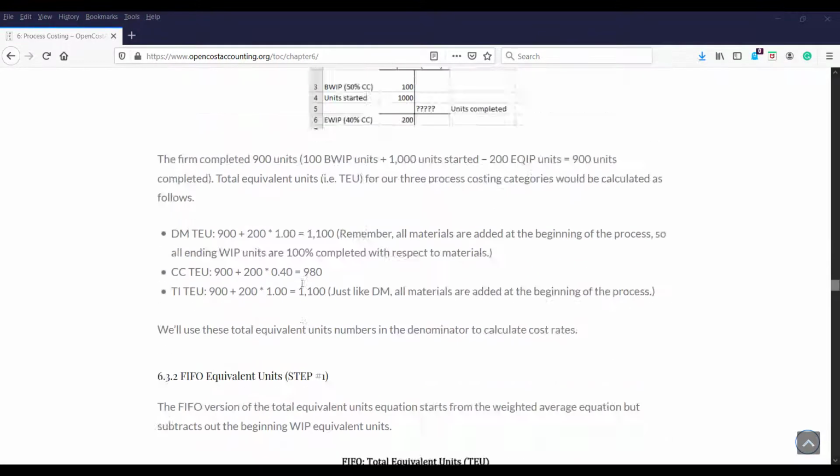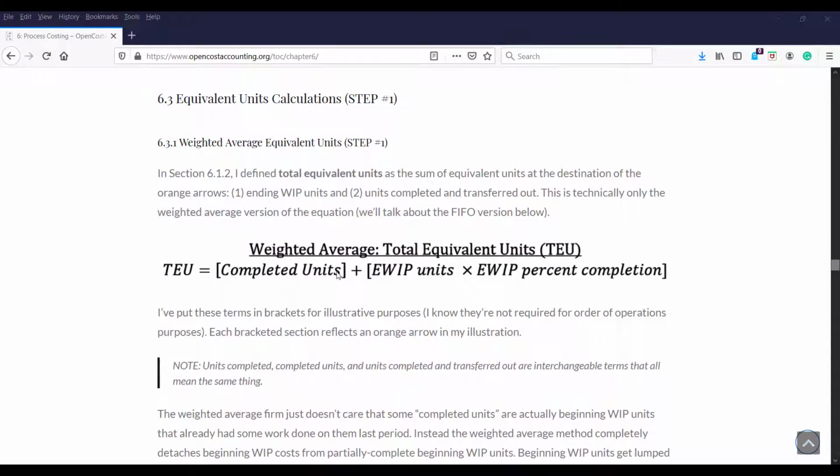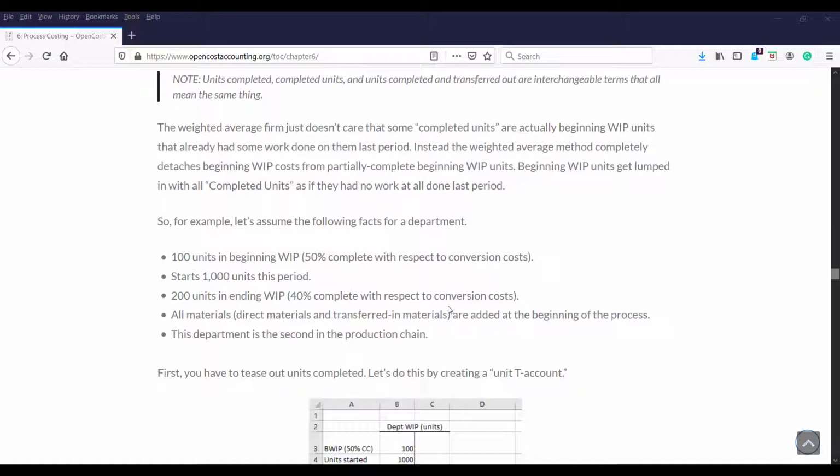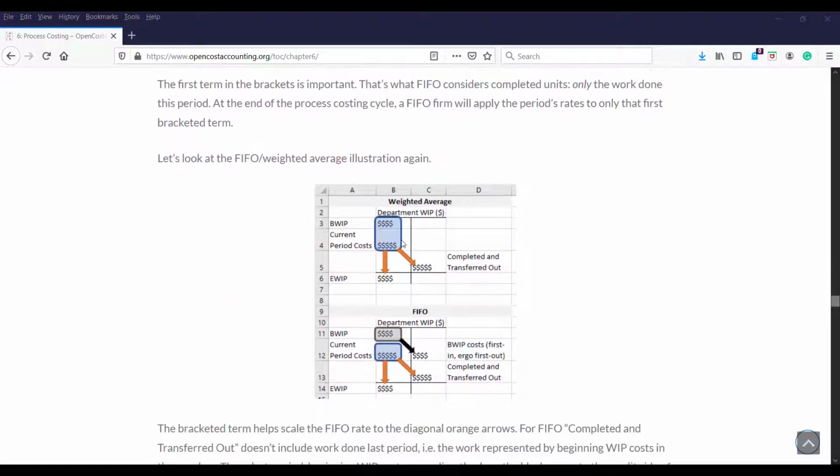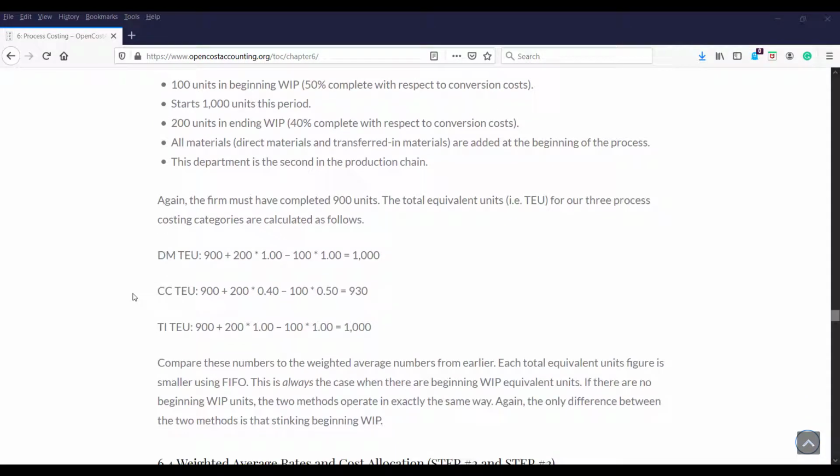Remember our weighted average equation right here. So you're taking the dollars right here and dividing them by the equivalent units that are represented over here, units completed and transferred out, and the equivalent units that represent the ending WIP down here, and that gives you the rate. That's weighted average for you.